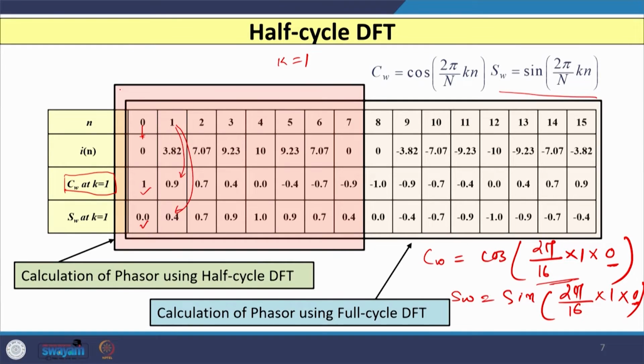So, in half cycle DFT we use only samples 0 to 7, and then calculate the phasor of the fundamental term. Calculation of Cw and Sw for samples 8 to 15 is not required.